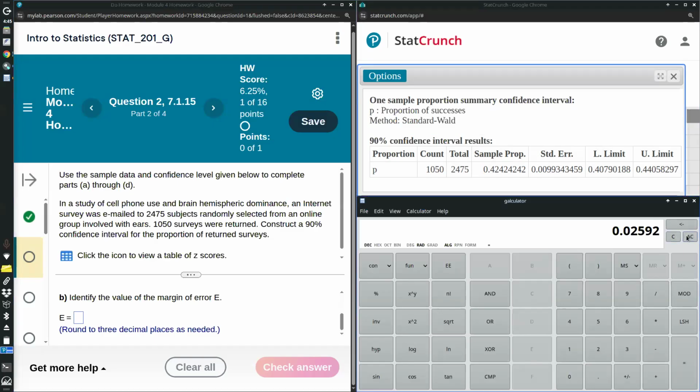So I will just clear everything and I will go the upper limit minus the sample prop. So 0.44058 minus 0.4242, and I get 0.016.